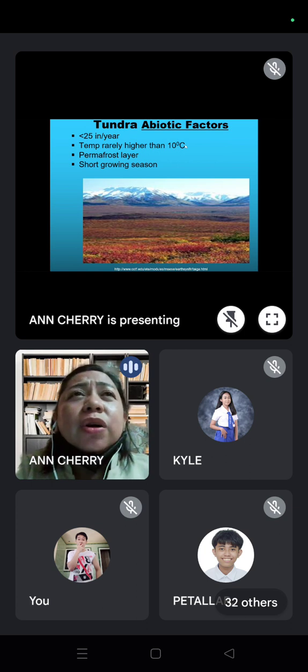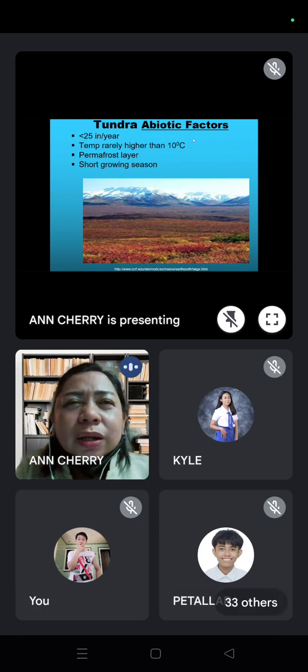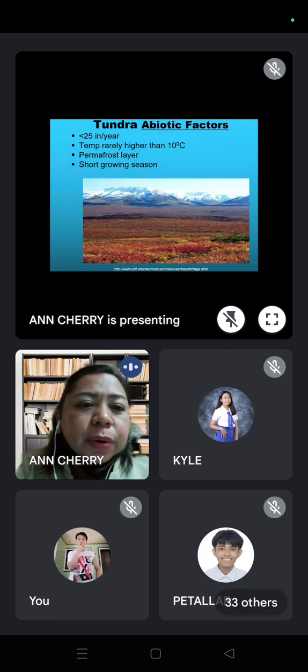But during summer, 24 hours po ang daylight. Okay? Imagine that. 24 hours ang daylight for summer, but 6 to 9 months without daylight, it's winter. Okay? And the soil is permanently frozen, and that is what we call permafrost. Permafrost. Okay.